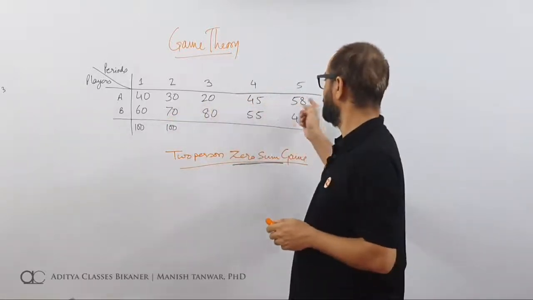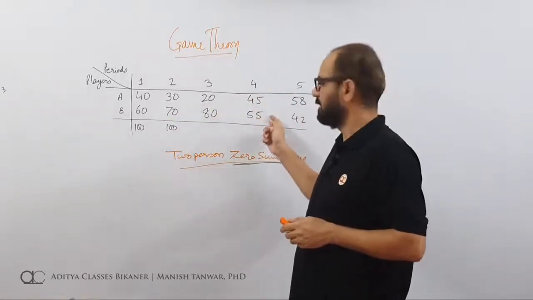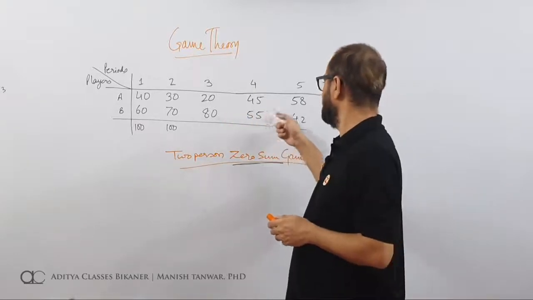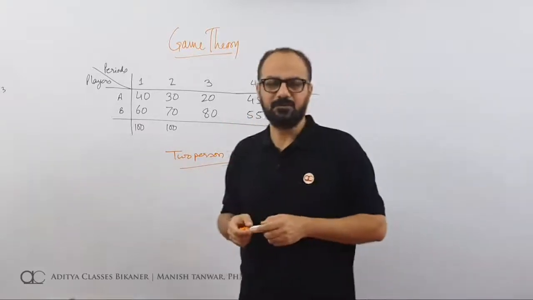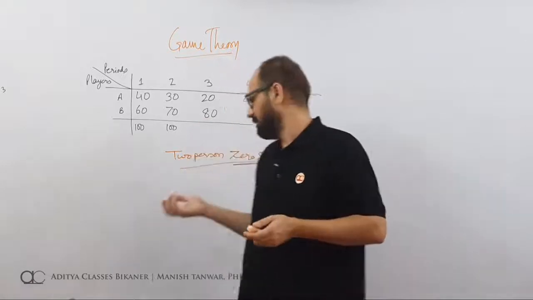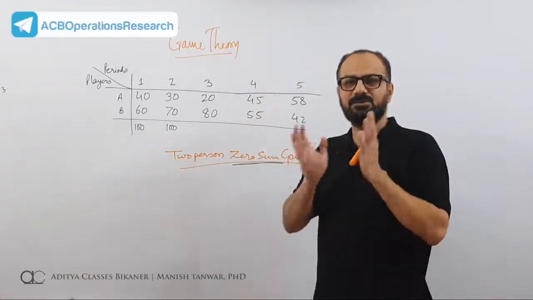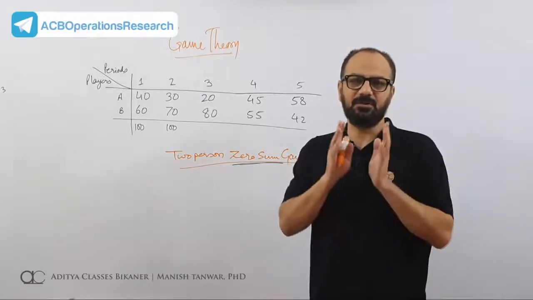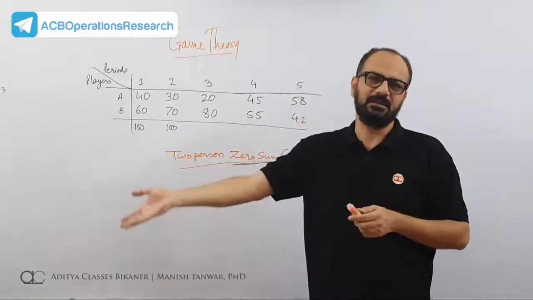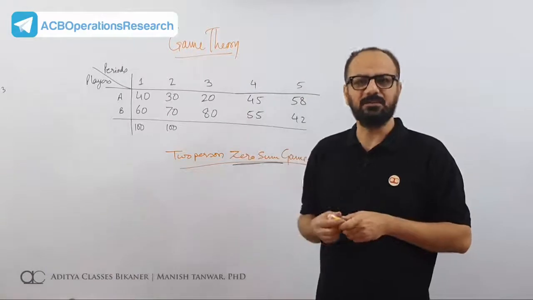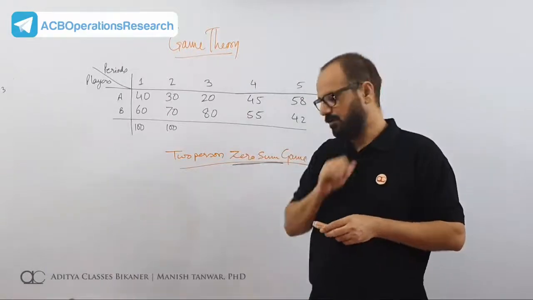You had 20, 45, 58. You already knew that the second player would be having 80, 55 and 42. This is what a zero-sum game does for us. That we need to concentrate only on 1 player. You concentrate on 1 player, it is obvious that the gains or losses are coming from the other player. What do I mean by that?